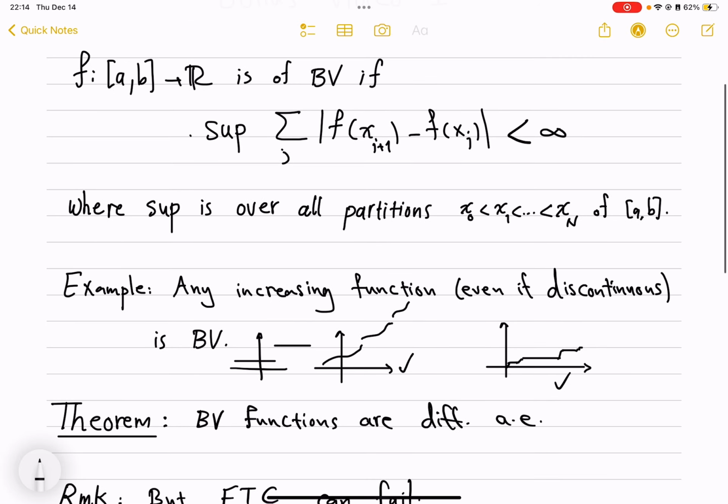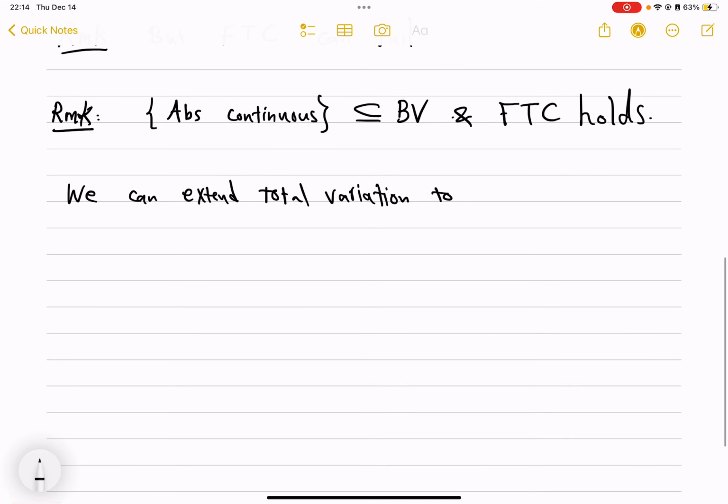So this supremum value is the total variation of f, say, over the interval AB. But we can do it for other intervals the same way. And then we can extend total variation to a measure, I have to say, an outer measure, so that we can define it on all subsets.